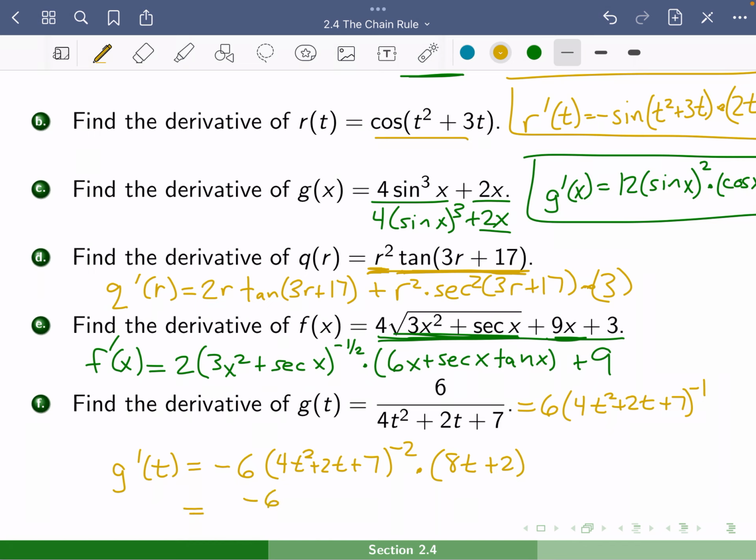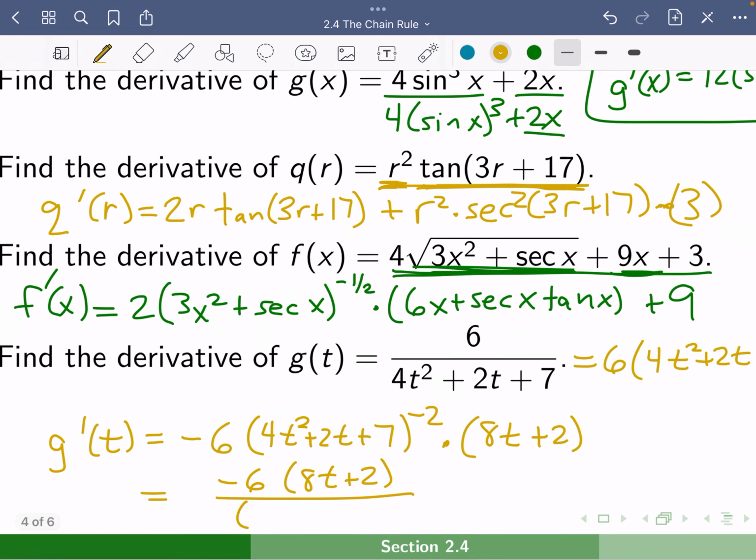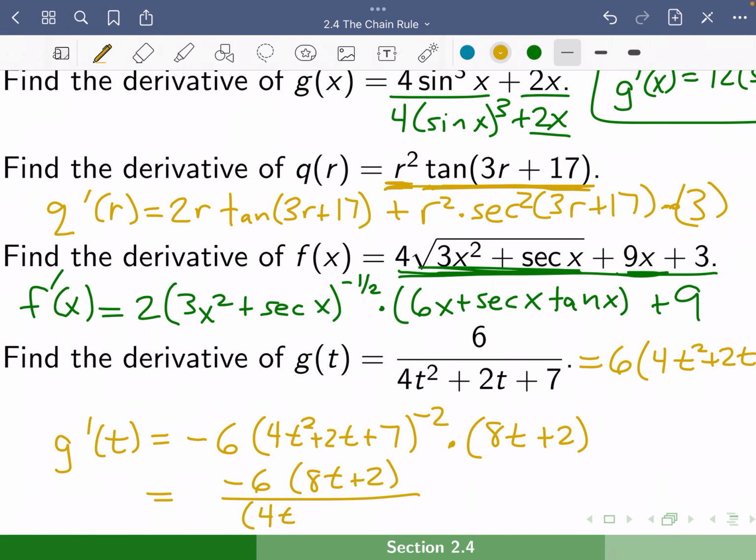So this is negative 6 times (8t plus 2) over (4t squared plus 2t plus 7) squared. That is our derivative, and we can get to that derivative using the chain rule.